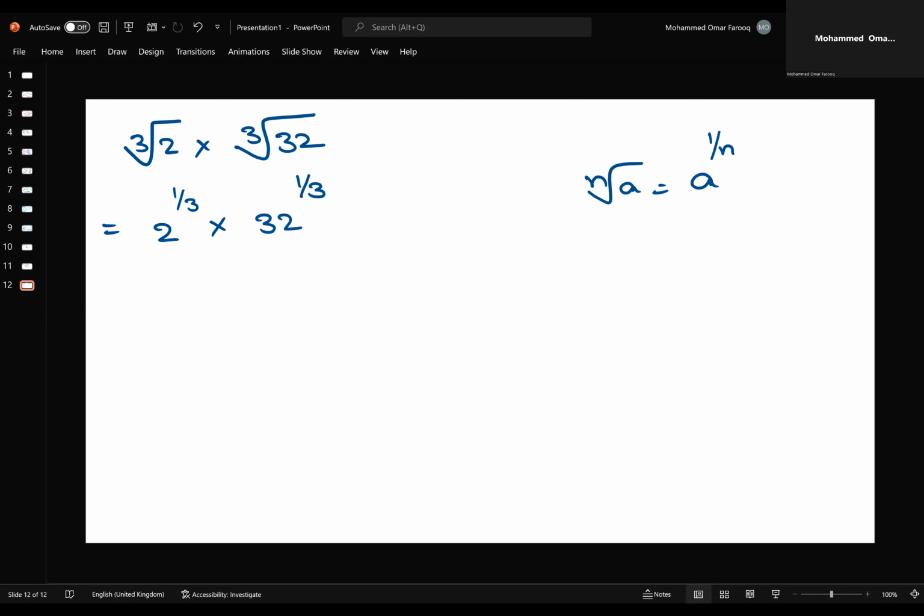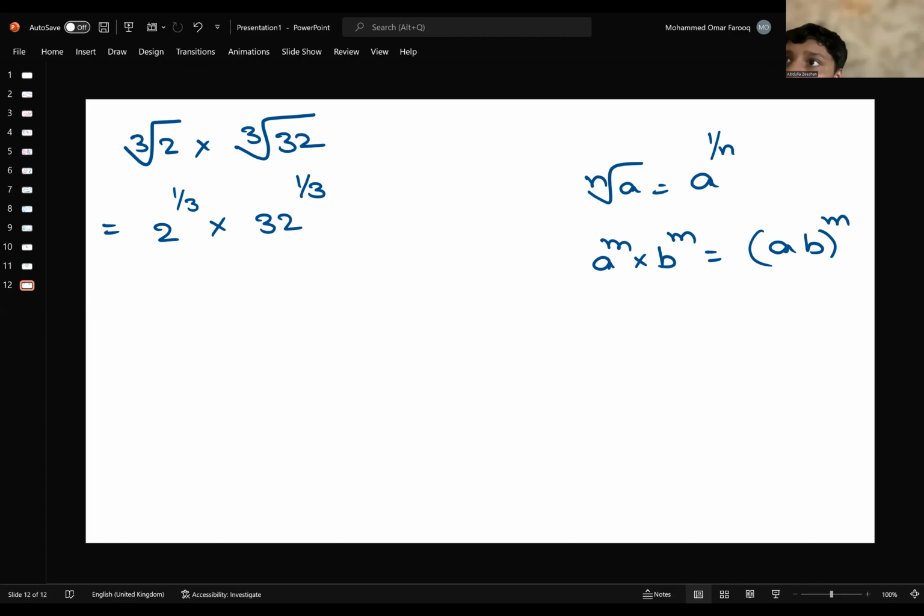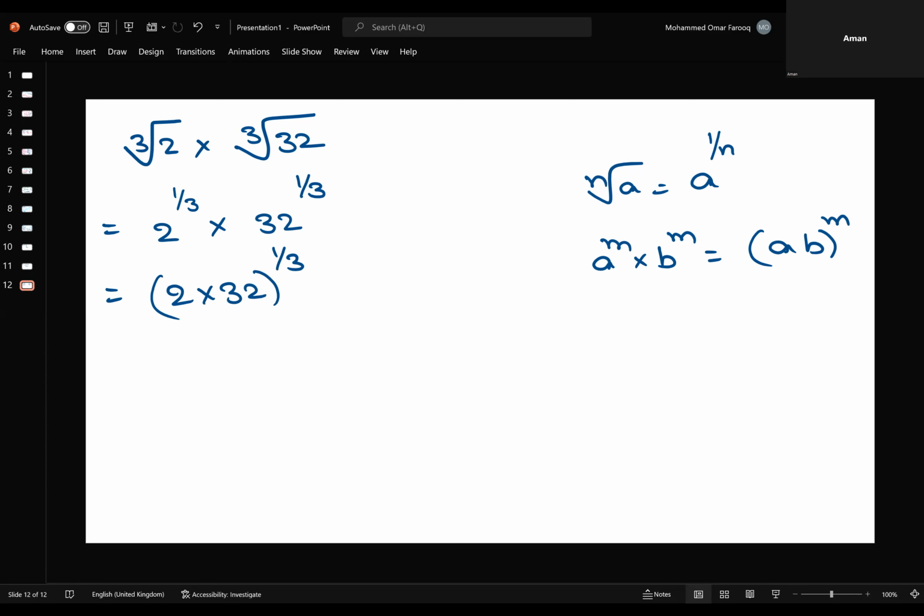And when we have same powers and different bases, we can take the same power as common and multiply the bases. So it will be 2 multiplied by 32 whole to the power of 1 by 3. So we can write it as 64 whole to the power of 1 by 3.